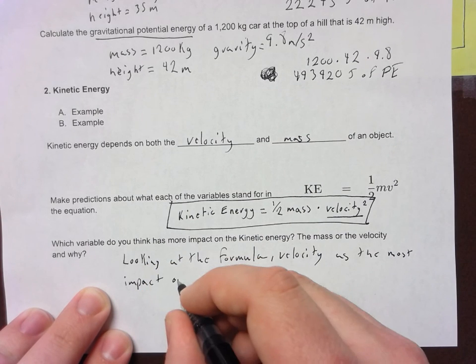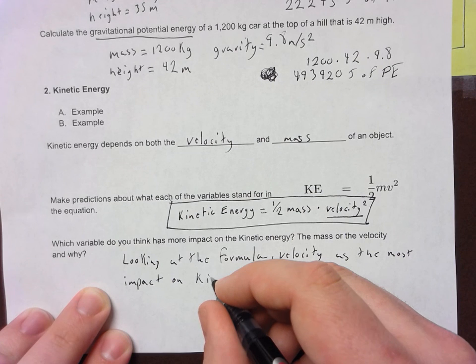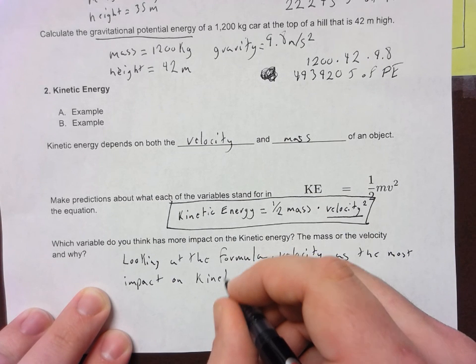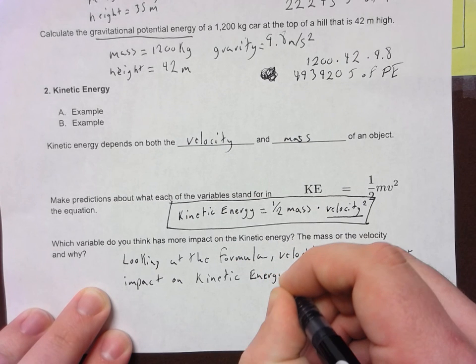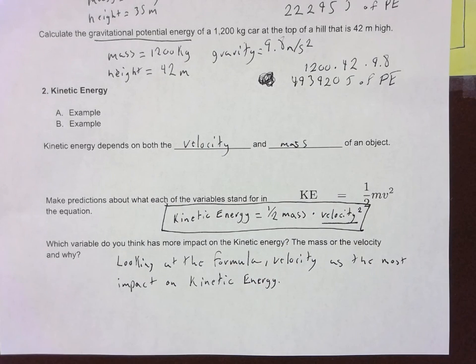And remember, think of it this way: kinetic energy is moving, so velocity is the movement of an object, and that's why. So that should be pretty simple to follow.